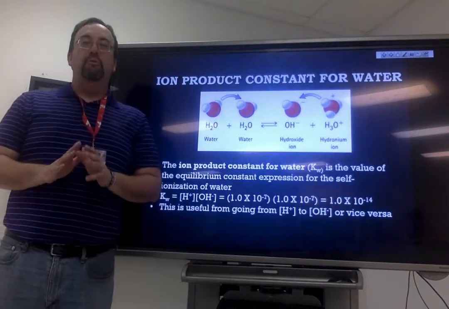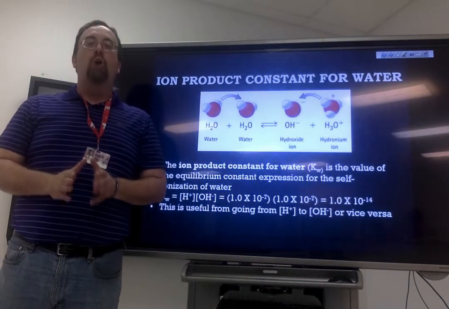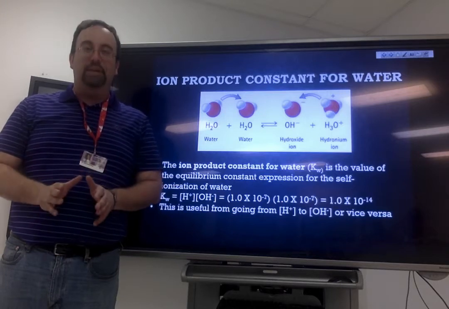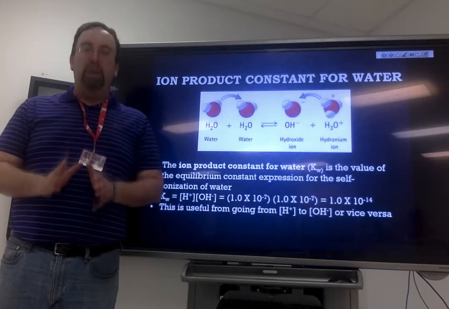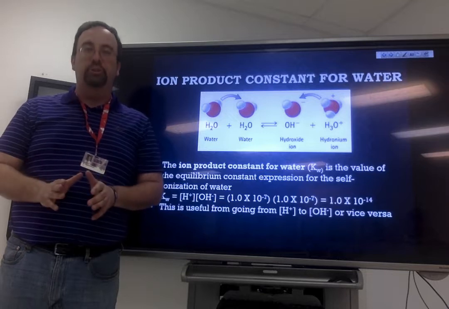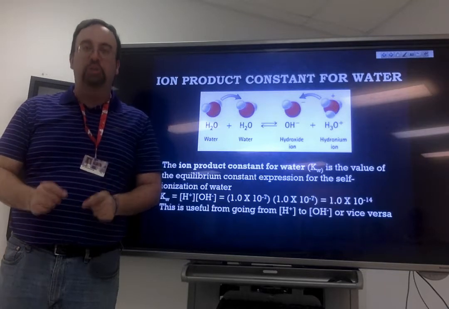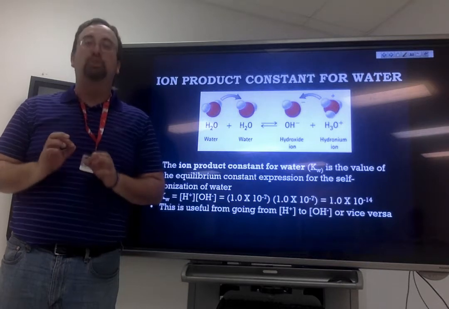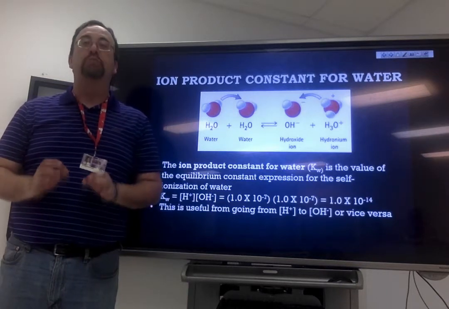All right. For this section, we are going to be looking at the Arrhenius model of acids and bases. And so if you remember, the Arrhenius model states that acids produce hydrogen ions, which are H plus ions, and bases produce hydroxide ions, which are OH minus.